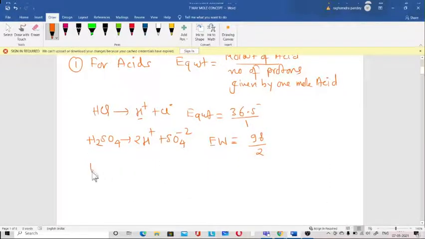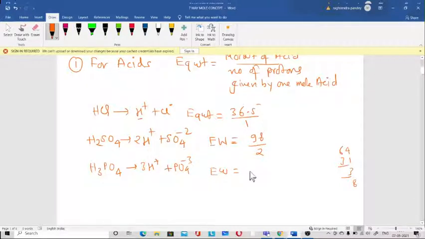For H3PO4, there are 3 protons plus a phosphate ion. Here the molecular weight is 16 times 4 is 64, plus 31 for phosphorus, plus 3, which is 98.